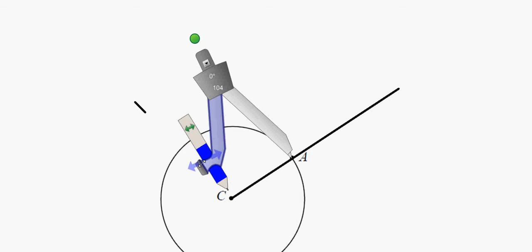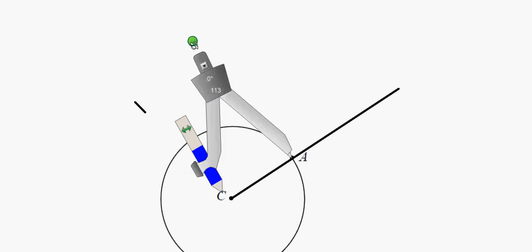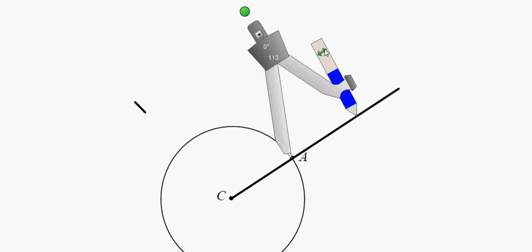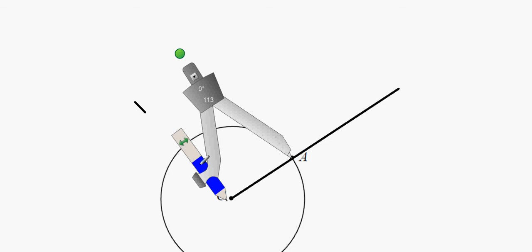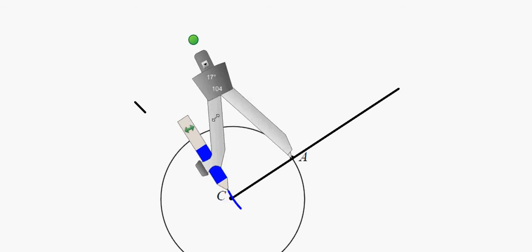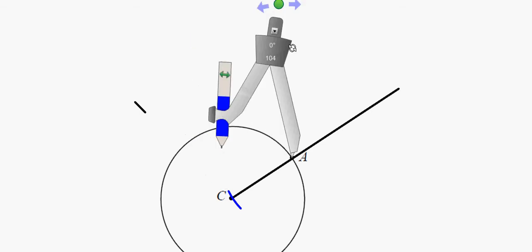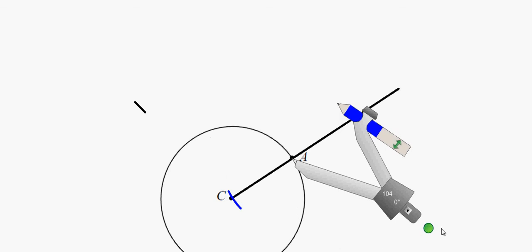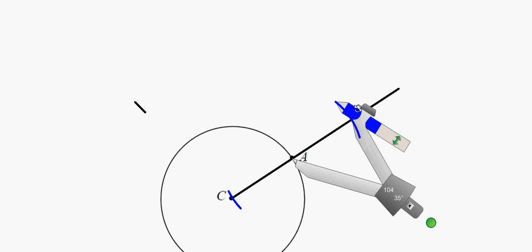Then you rotate it in. It's probably too big here now, so there you go. Then you make a mark like so, and go all the way out to your side and make a similar mark on the other side here. Okay, so now you have 2 points that are equal from each other.